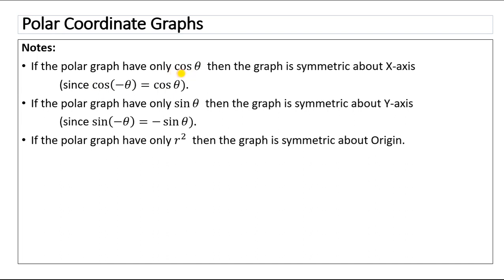If the graph has only sine theta, then it is symmetric about the y-axis, because sine of minus theta equal minus sine theta. Sine has this property. If the polar graph has only r square, then the graph is symmetric about the origin.